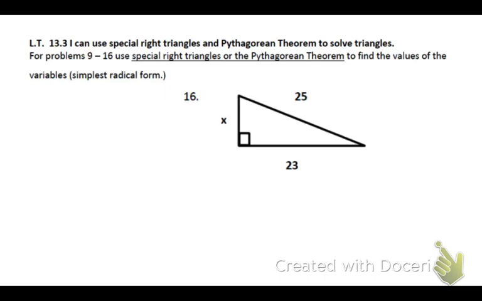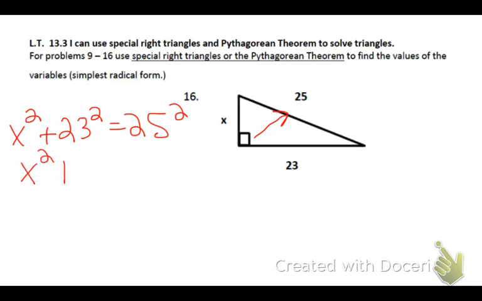Okay, same thing here, we're going to do the Pythagorean theorem, so it's going to be x squared plus... make sure you know that whatever's across from the 90-degree angle is the hypotenuse, and it's the one that's by itself. So x squared plus 23 squared equals 25 squared.